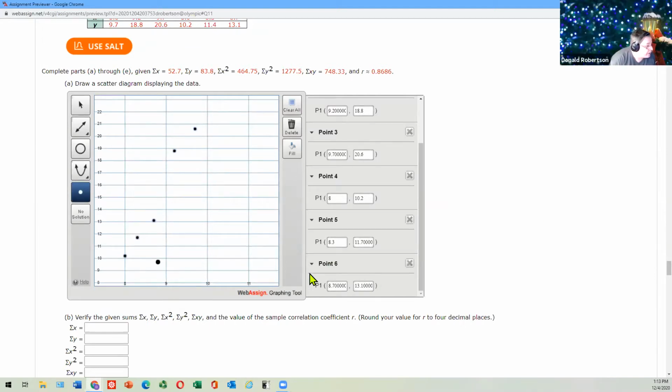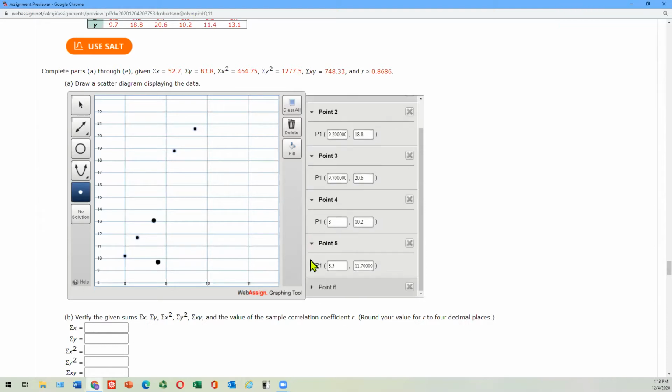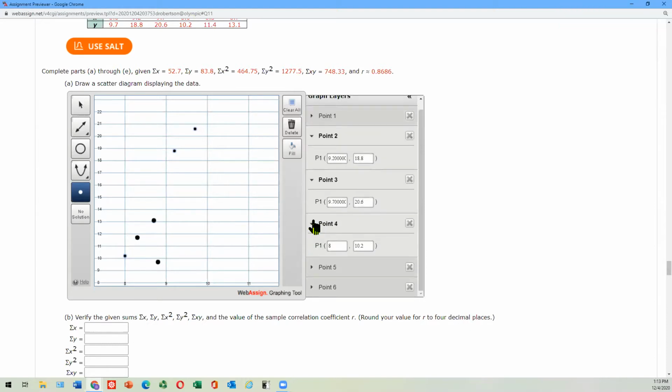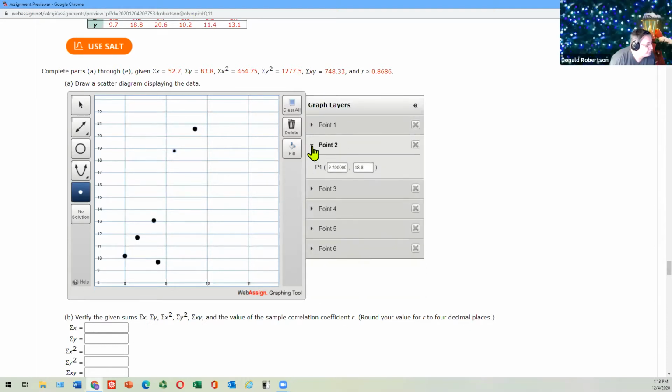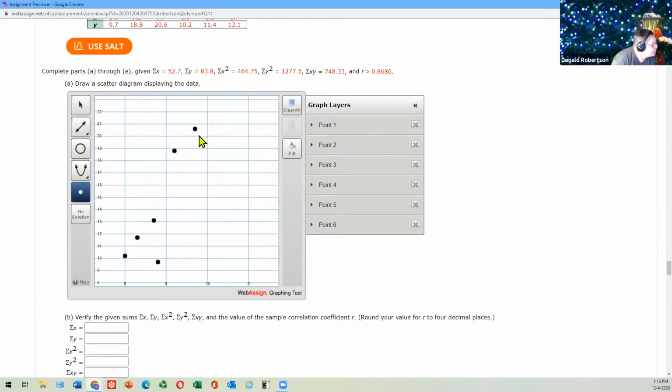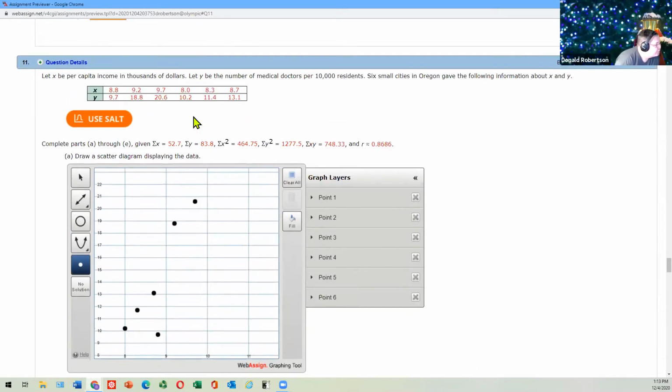That is correct. Let me close these up for a minute and show what she just said. What dot's this one, right? If I hang over this dot, it says 9.7, 20.6, which I think is actually the right location, right? But let's say I had placed it there, right?